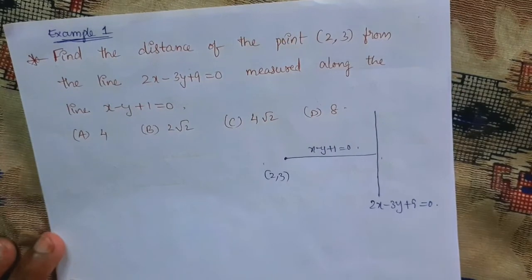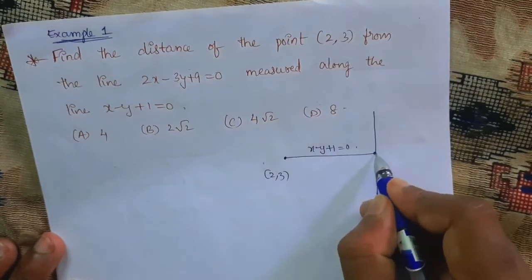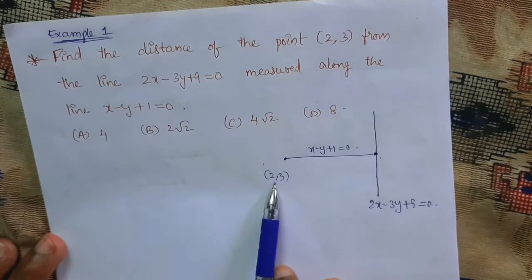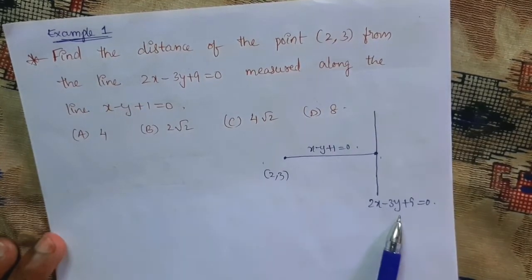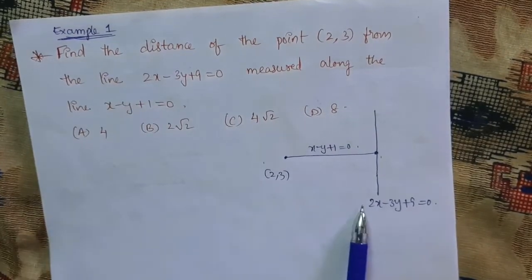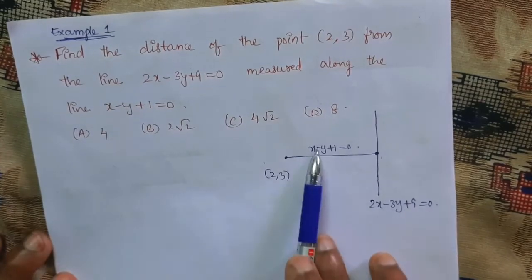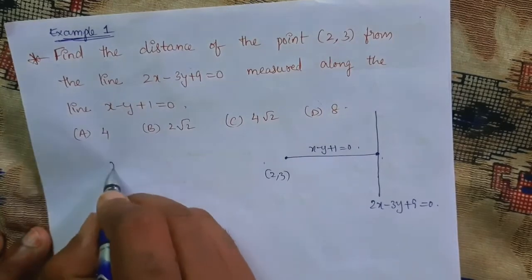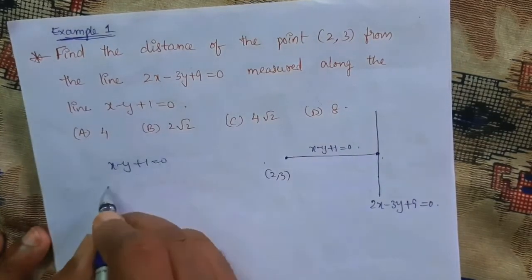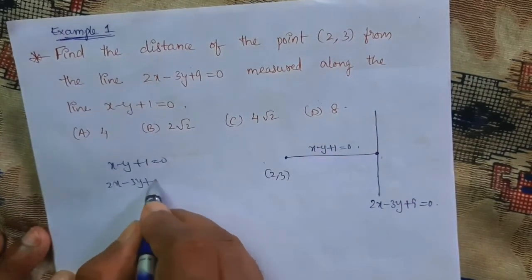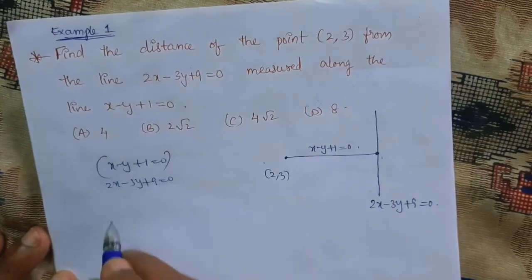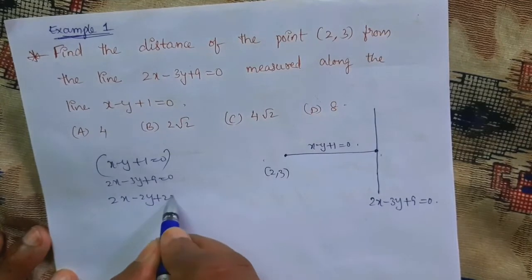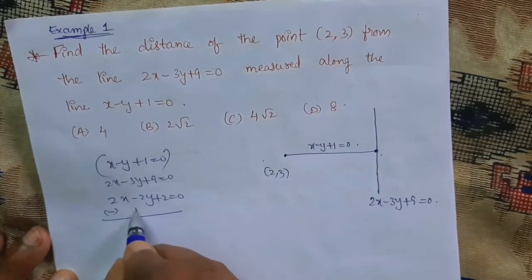Here we have two methods. One is the distance from a point to the line formula, which we have already discussed. Instead of that, if we simplify these two lines, x minus y plus 1 equal to 0 and 2x minus 3y plus 9 equal to 0, multiply this equation by 2 and you will get 2x minus 2y plus 2 equal to 0. If you simplify, what will you get?